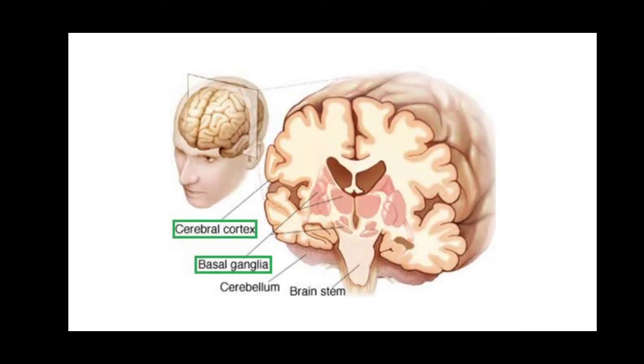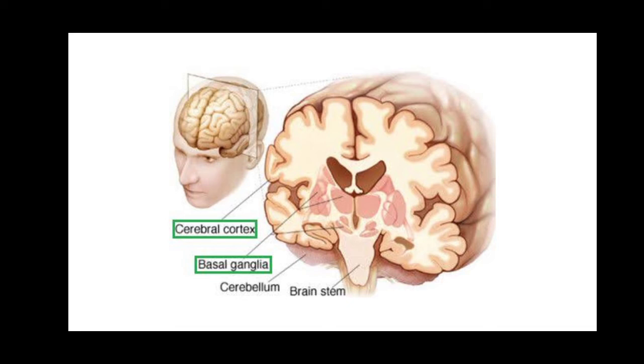Now let's move on to the general structure of the cerebrum and what the different parts are responsible for. If we get a cross section of the brain, we'll find that it can be separated into the cerebral cortex, the entire portion with white matter and gray matter.